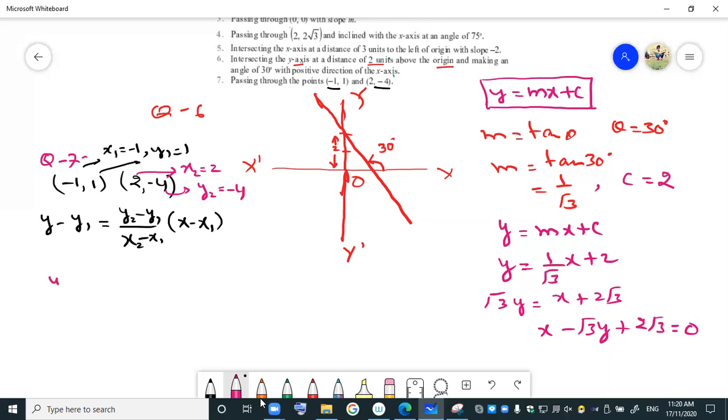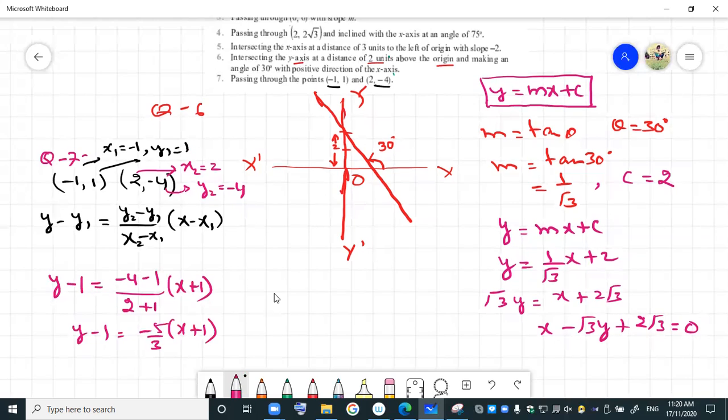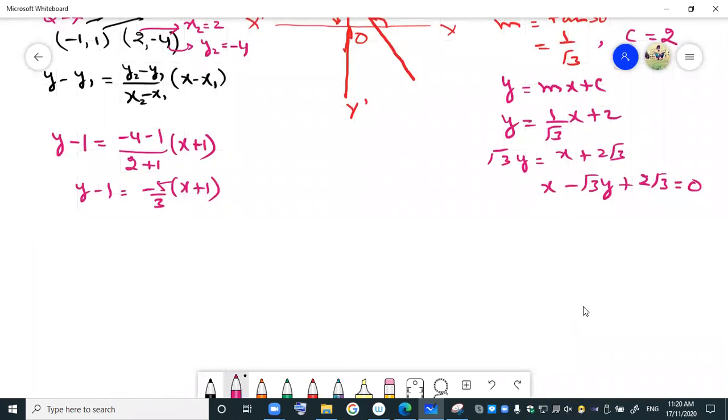Substitute the values. So we get y minus y1, y1 is 1, y2 is minus 4 minus y1 is 1, x2 is 2 minus minus 1, that is plus 1, x minus minus 1, plus 1. So we get y minus 1 is equal to minus 5 by 3 into x plus 1. Cross multiply, 3 multiply left side, minus 5 inside.